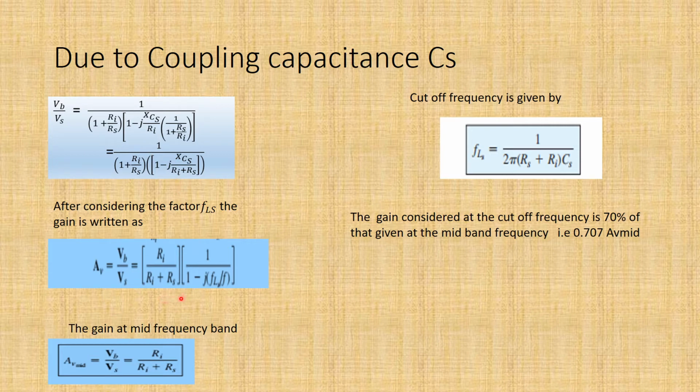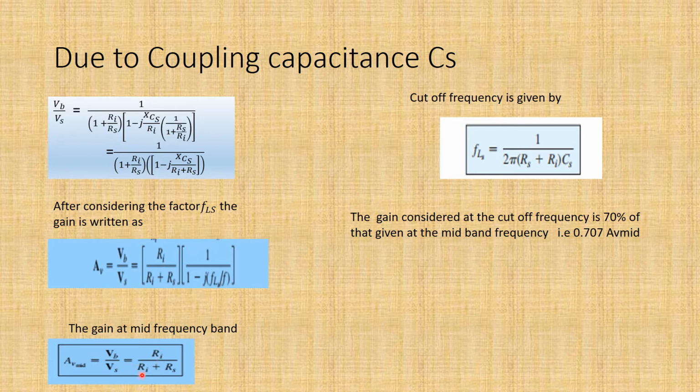So what you do is you separate out these terms, that is here it is inversed. The denominator is brought to numerator and so on because of inverse proportion. And this gain which is calculated, this is at mid-band frequency. So at mid-band frequency, this frequency is equal to FLS.